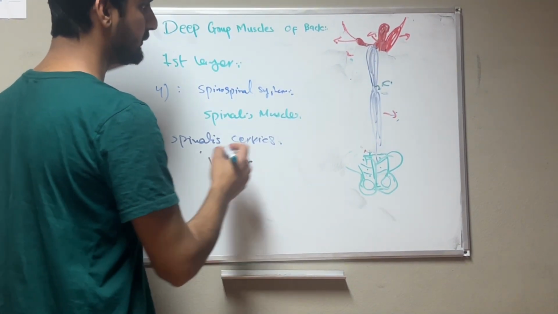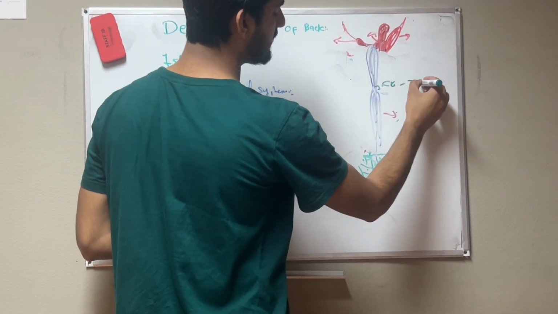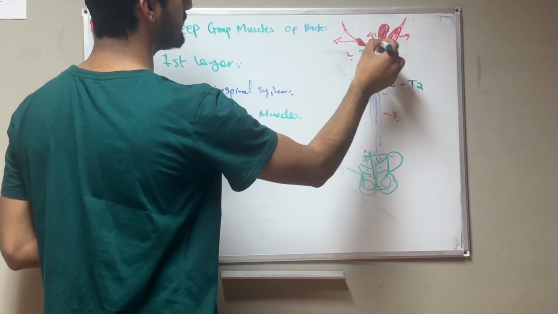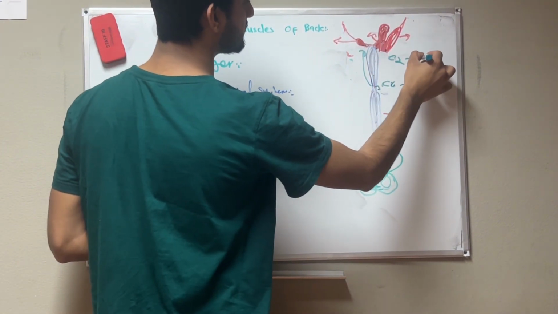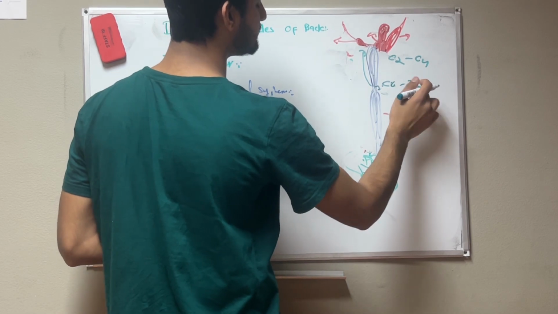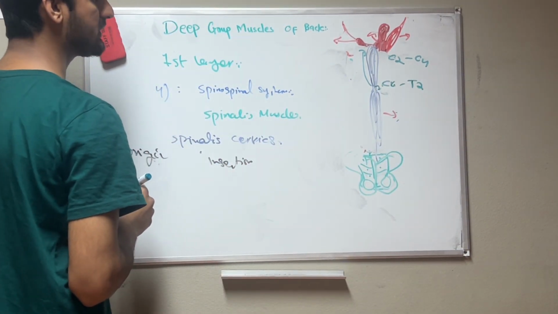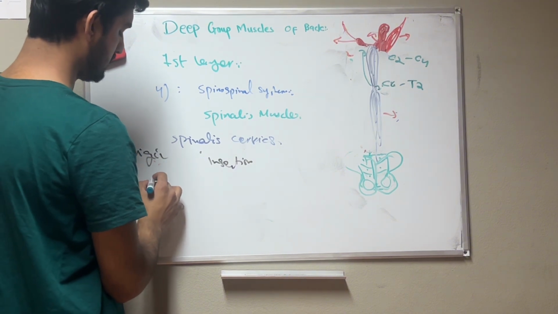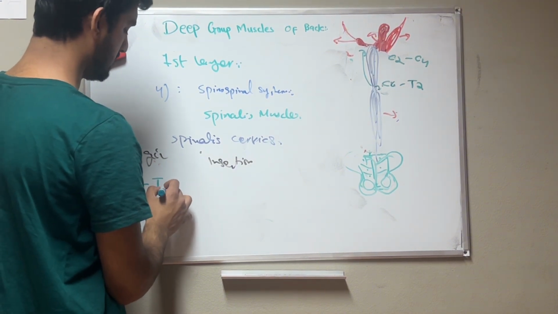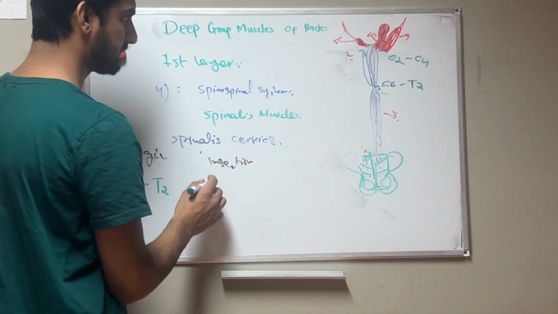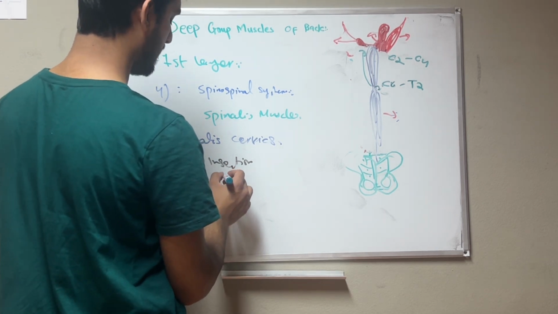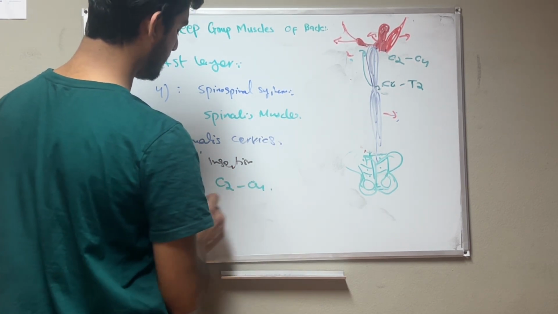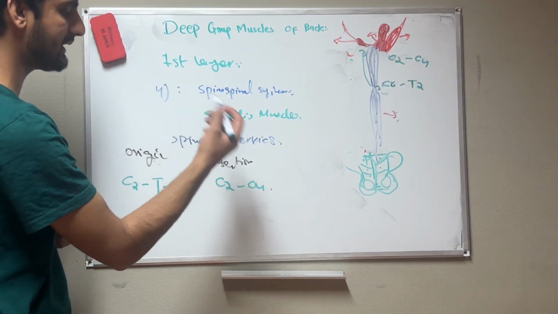The origin is C6 to T2, and it is inserted into C2 to C4. Okay, these are the origin, C6 to T2, and the insertion, C2 to C4. These are the origination and insertion of the spinalis cervicis muscle.